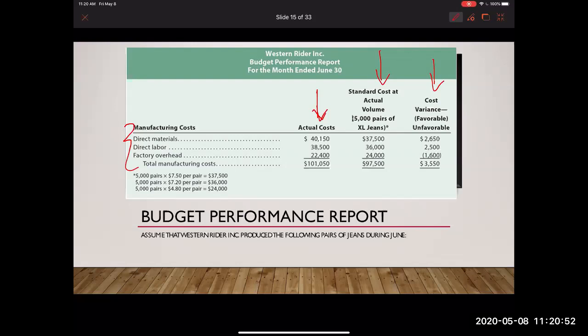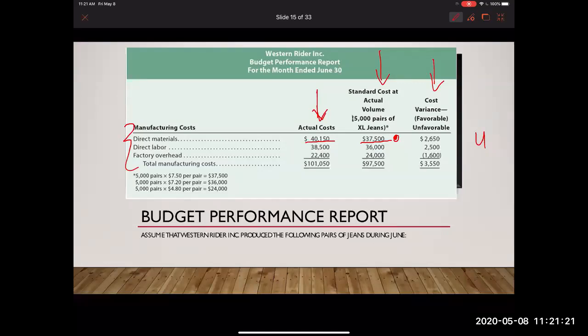Let's take the first one for example. Our direct materials actual cost was $40,150. Our standard cost calls for $37,500 in direct material. Looking at these two numbers, we have an unfavorable variance. It's unfavorable because we're supposed to spend only $37,500.